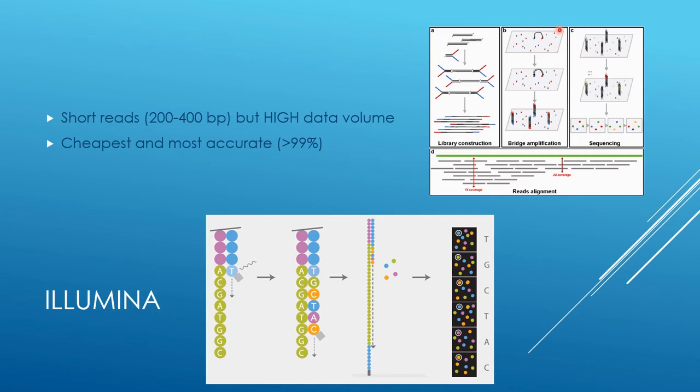From there, we have a lot of strands on a single flow cell plate, and then it can be sequenced by synthesis. What this means is that we have fluorescent nucleotides, and when they're sequenced, they give off a fluorescent light, and this can then be picked up by the sequencing machine all along the flow cell plate, and we can sequence a lot of DNA strands at the same time through synthesis.